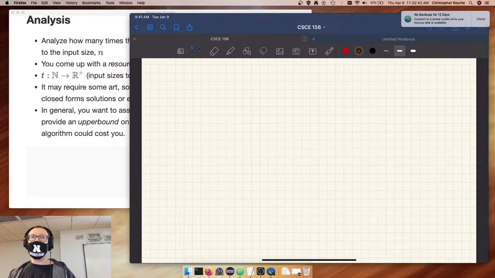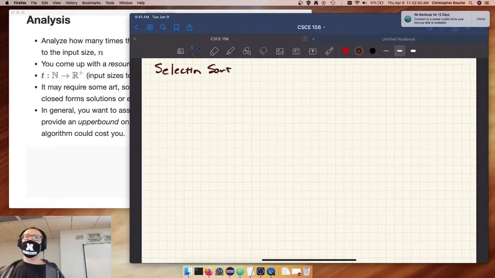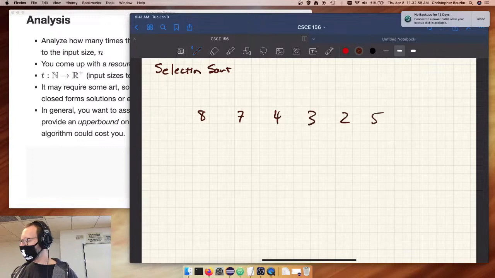We've probably seen this algorithm before, selection sort. Remind me, though, how it works. So, 8, 7, 4, 3, 2, 5. Right? I want to sort that. How does selection sort do it?